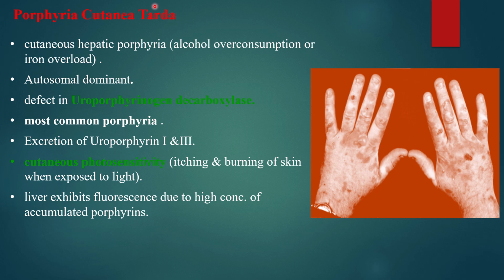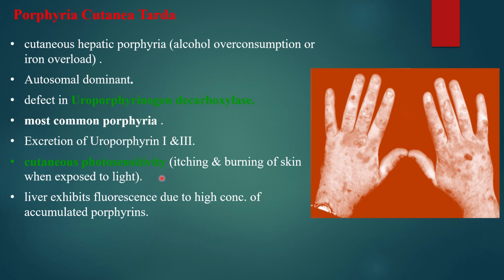Then the second most common disorder is porphyria cutanea tarda. That is the cutaneous hepatic porphyria. Alcohol overconsumption or iron overload will worsen the condition. It is an autosomal dominant defect in the uroporphyrinogen decarboxylase enzyme. It is the most common type of porphyria, and it is associated with excretion of uroporphyrin 1 and 3. Porphyrin rings are present in all the intermediates.